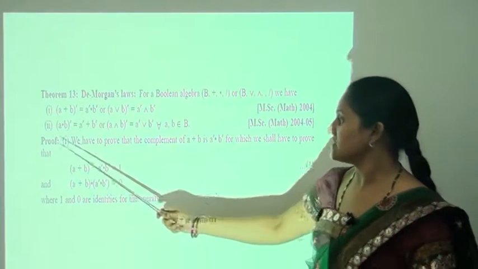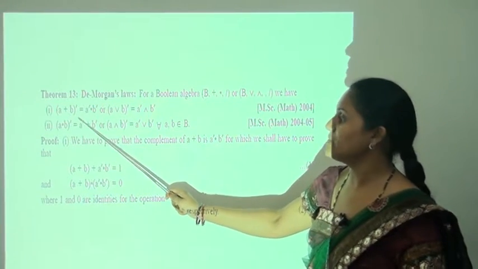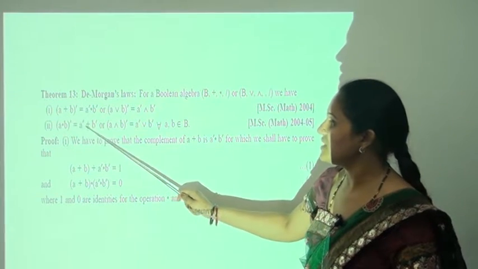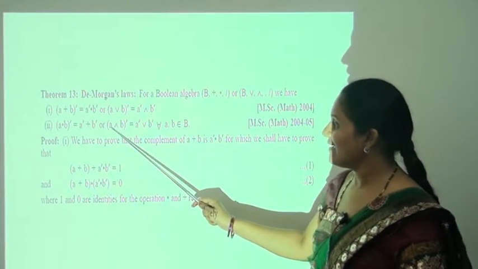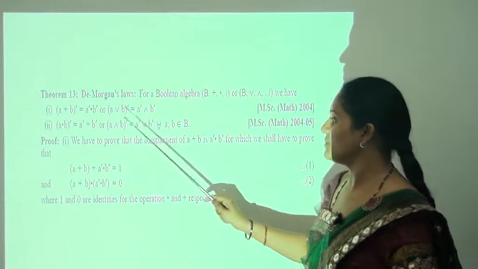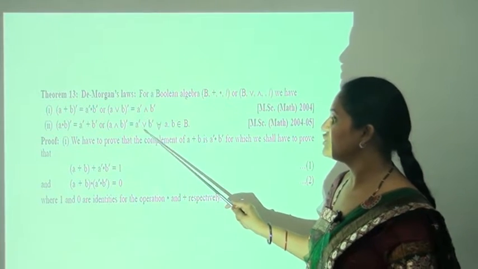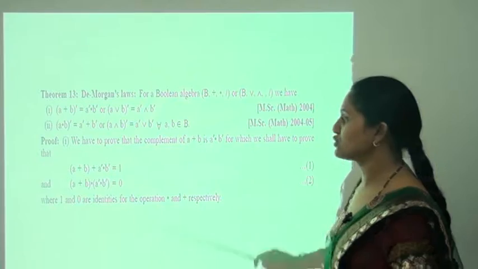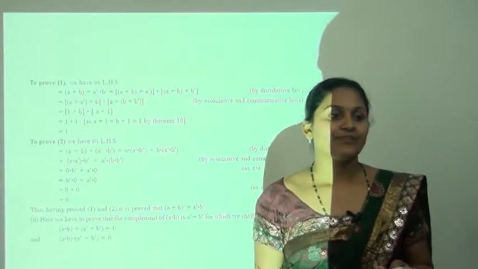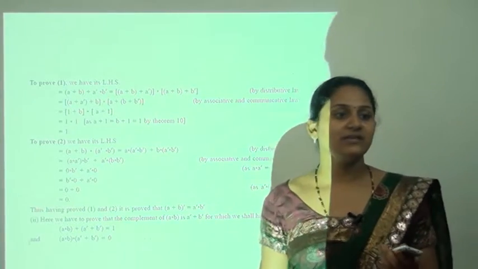And the second condition is A dot B whole complement is A complement plus B complement, or A meet B whole complement equal to A complement join B complement, for all A, B belongs to B. This is the proof of this.